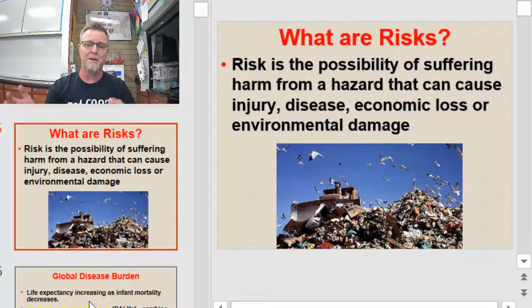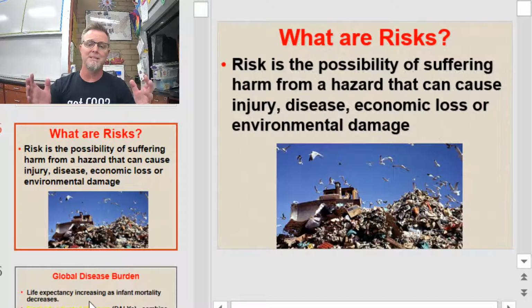Risk can push us away from any type of health, and really we can expose ourselves to risk just doing day-to-day activities. Risk is just the possibility of suffering harm, and that harm could come from any manner of hazard, and that hazard can cause an injury, disease, economic loss, environmental damage. Like, it could come from anywhere.